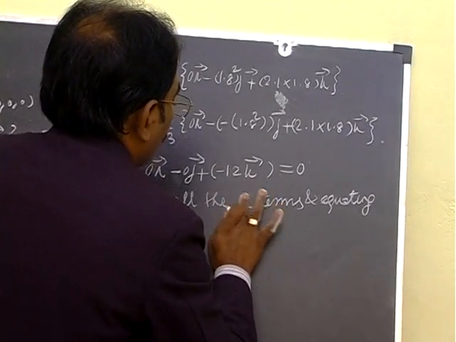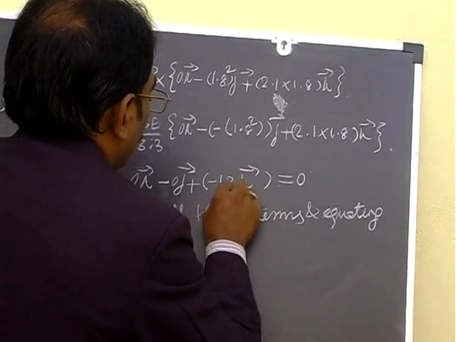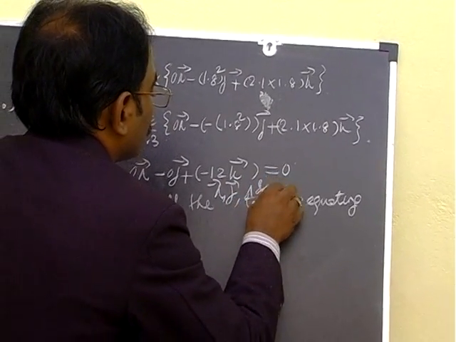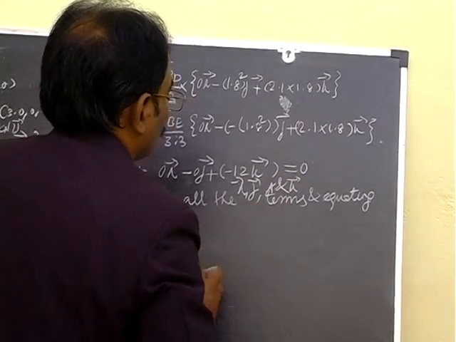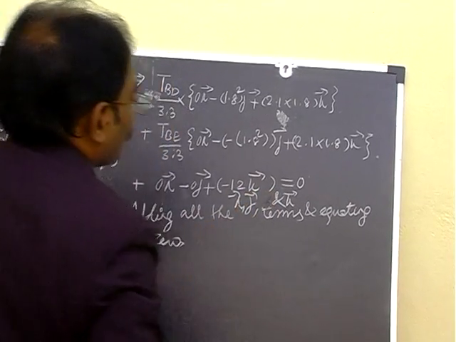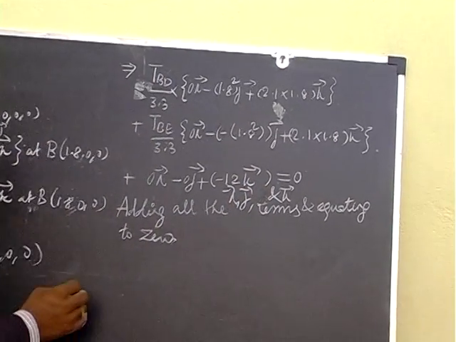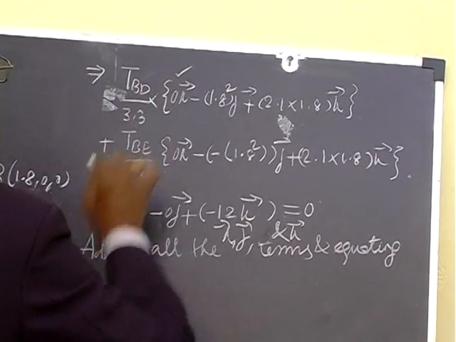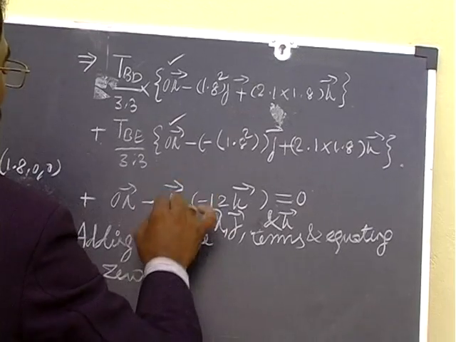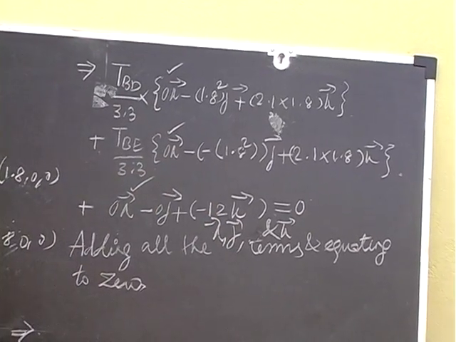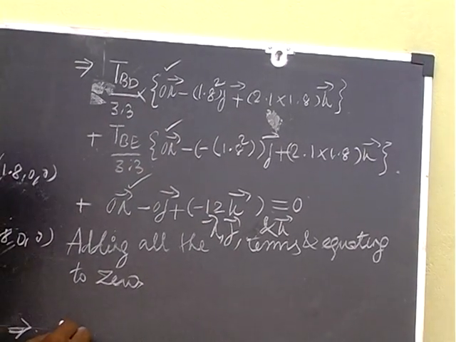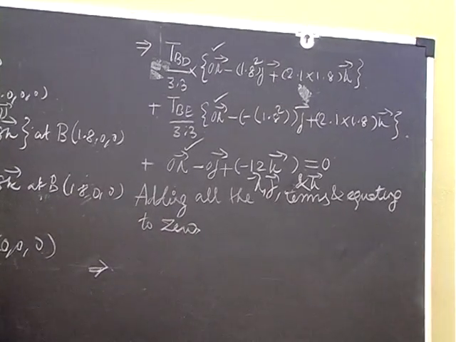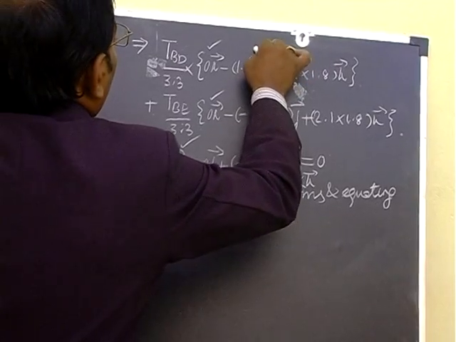Similarly, when we add all the i, j and k terms, we get 3 equations. The first equation is the i value; all the 3 i terms are 0, so therefore the i term is neglected. There is no meaningful equation for that.